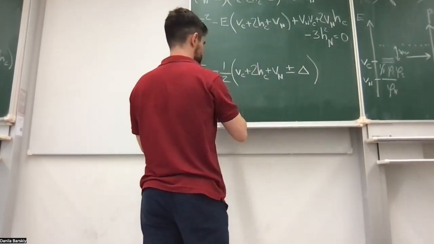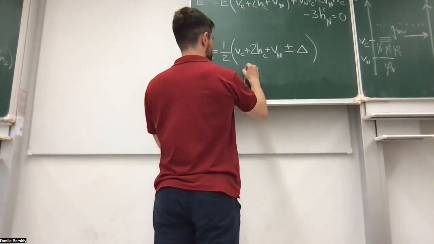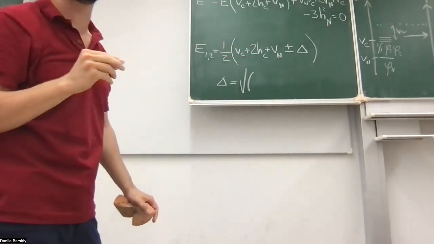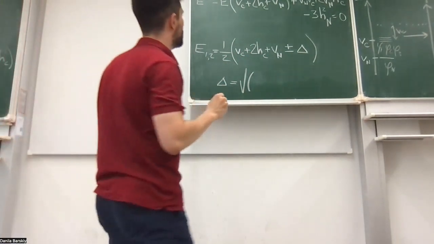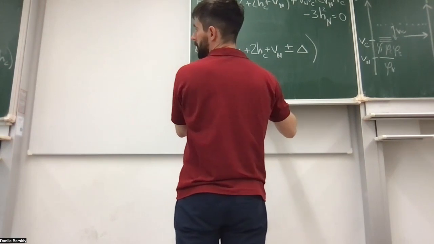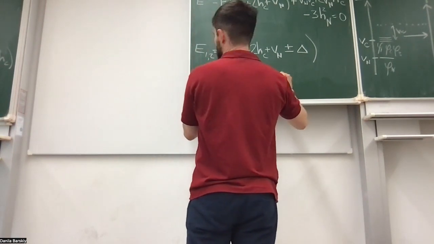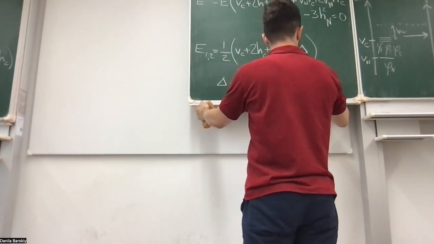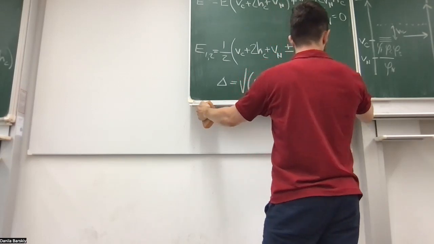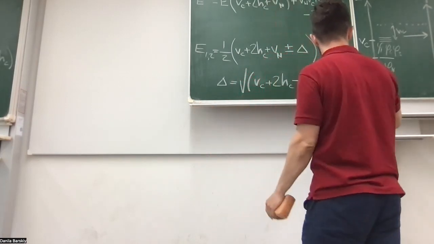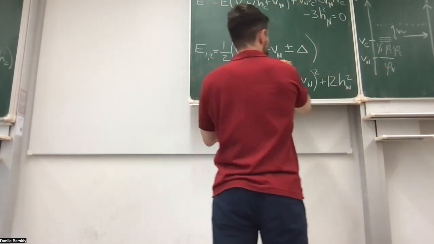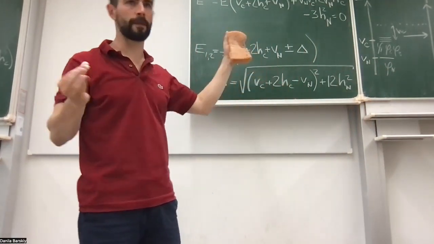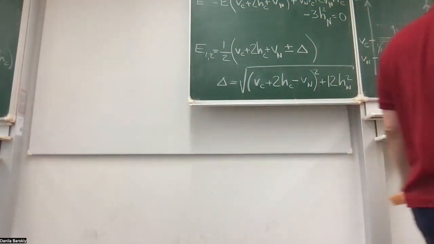And where delta is the square root of BC plus 2HC minus VN squared plus 12 HN squared. So some expression, but at least you see by analyzing relative values, you can have an estimate where exactly in energy they're going to go.